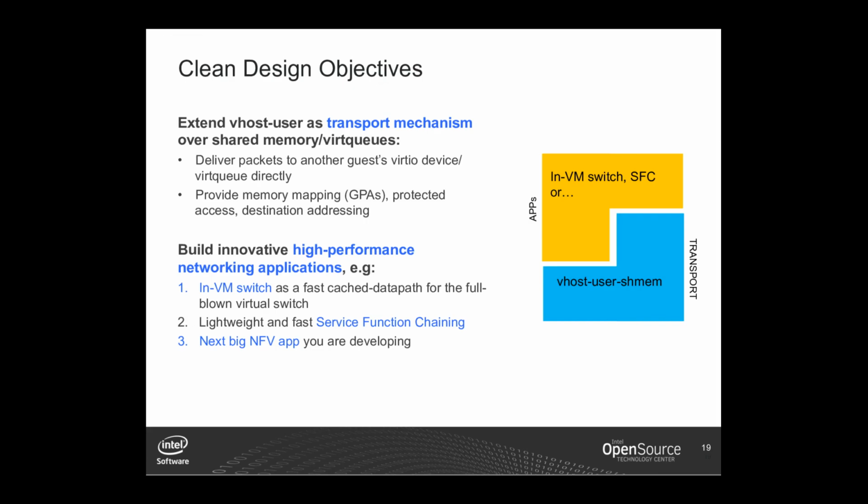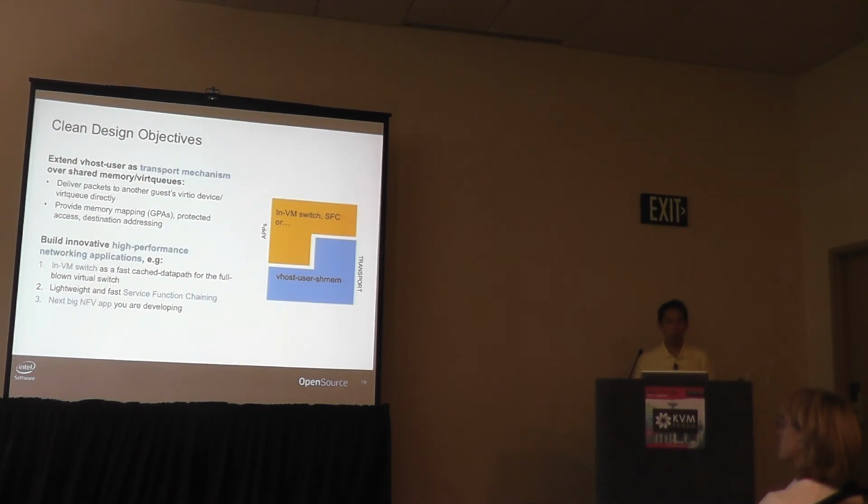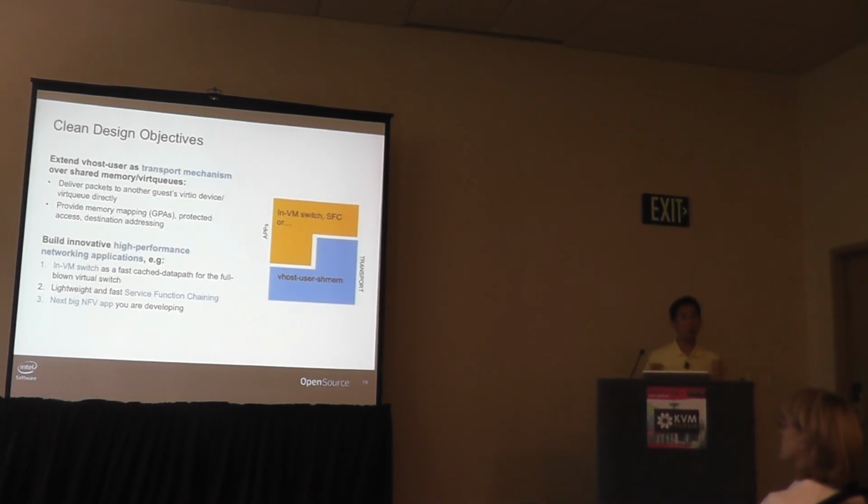So when we design, these are the design objectives. First of all, extend the existing vhost-user as a transport mechanism, and that mechanism will be based on shared memory or virtqueues. Once we have this, we can deliver packets to other VMs, and they can access the virtqueue directly.